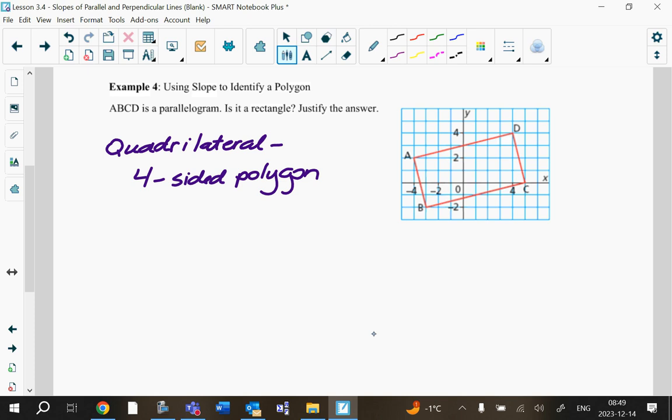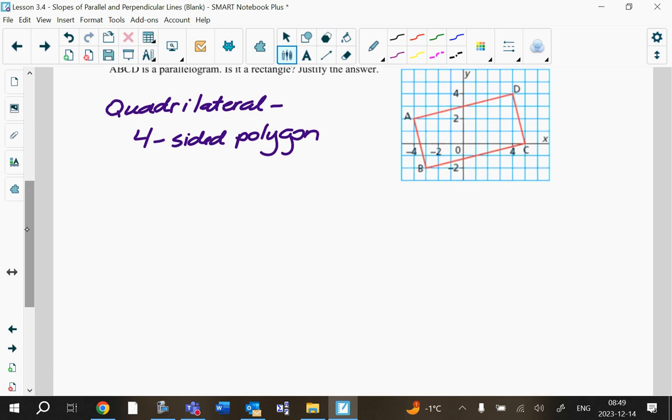But I want to focus on just a couple. A parallelogram is a 4-sided shape. But what's so special about a parallelogram? Can anybody tell me? Opposite sides are parallel.